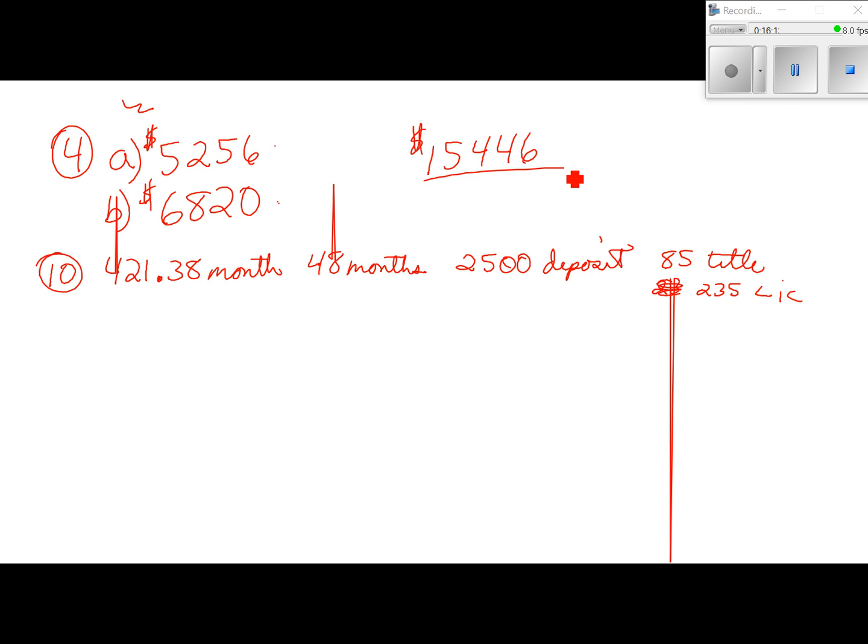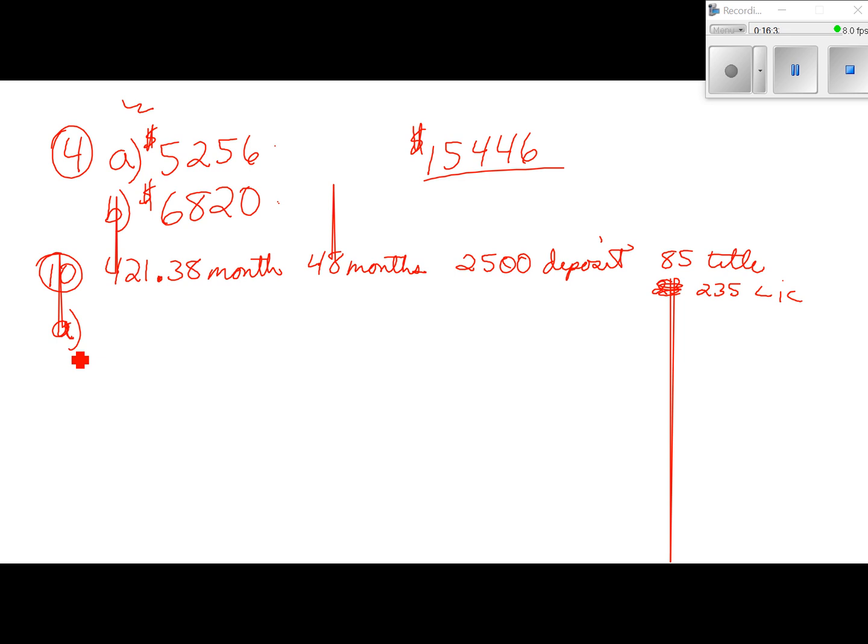What is the total to lease and to buy the vehicle? They want to know the total to lease the vehicle and then the total to buy the vehicle if she decides to buy it. So part A is just to lease the vehicle.